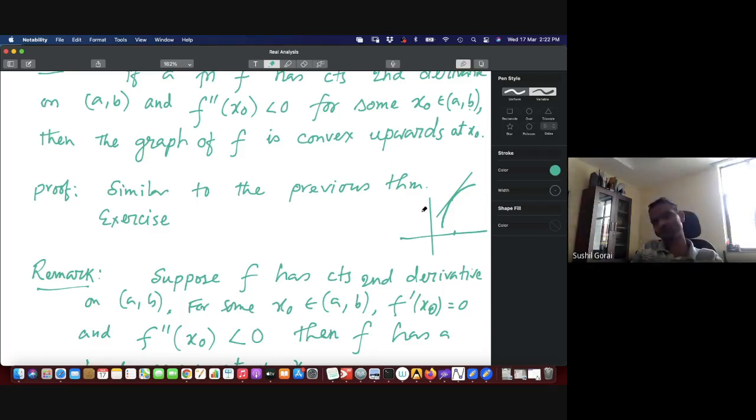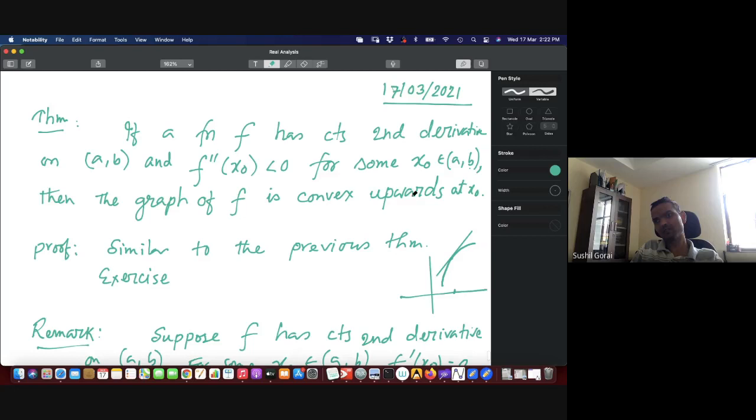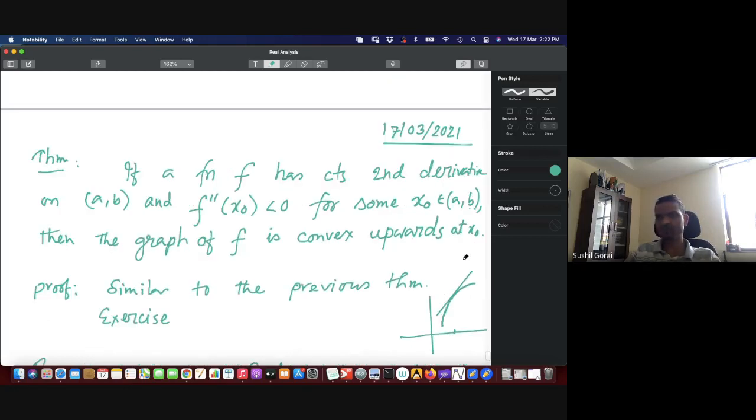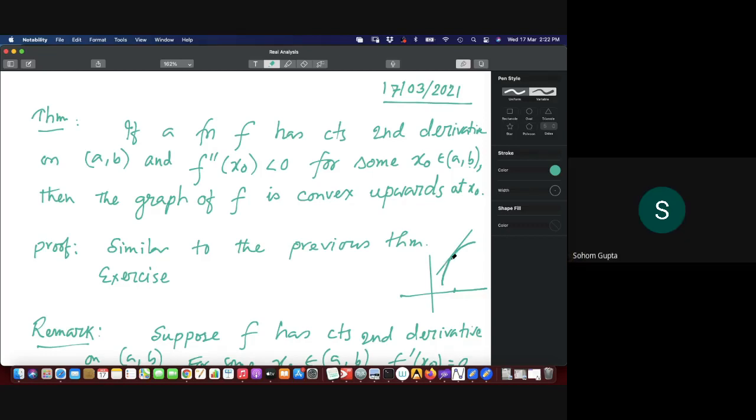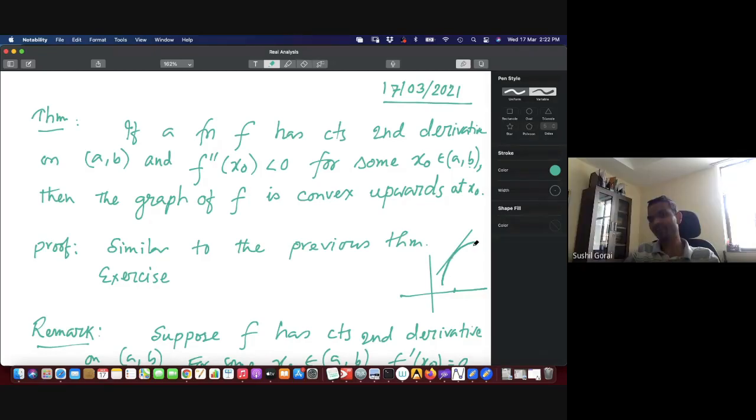It is convex upwards, right? What was the definition of convex upward? The graph of the function lies below the tangent line at that point. Right. So the graph lies below the tangent line. So that's it.